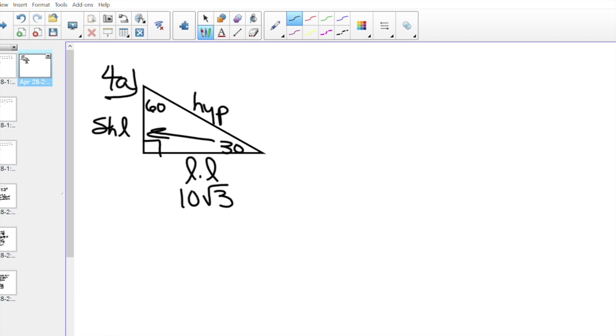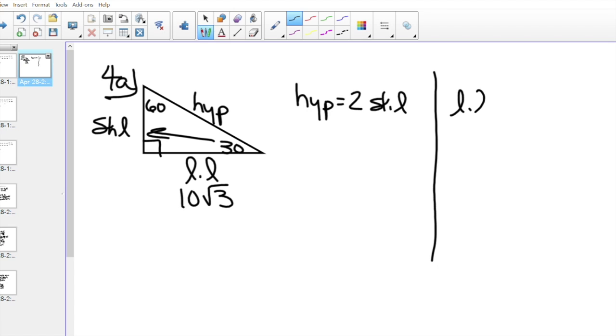Now to find the hypotenuse, you would say 2 times the shorter leg. But here's the situation. We are not given the shorter leg, we are given the longer leg. So what we need to do is use part 2, which says the longer leg is equal to the shorter leg times the square root of 3.